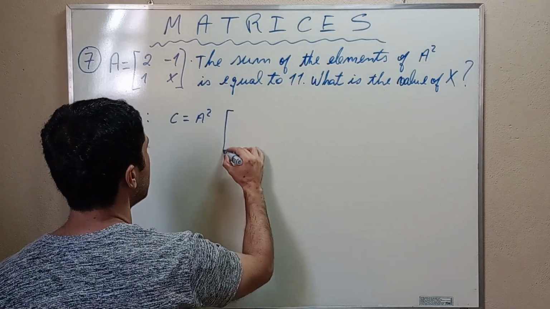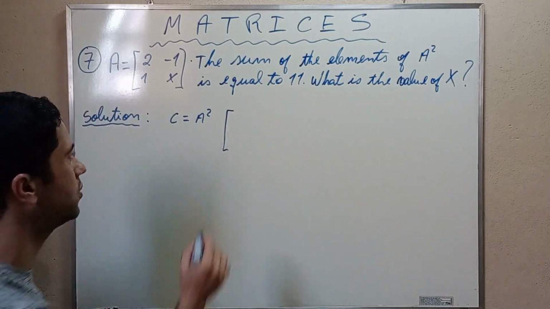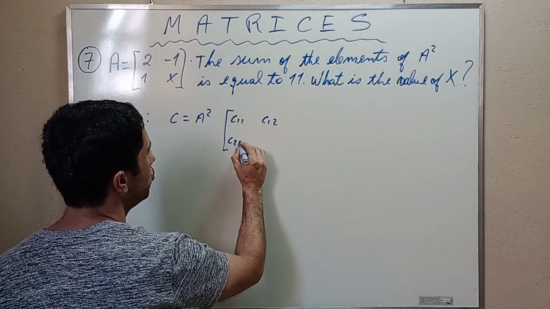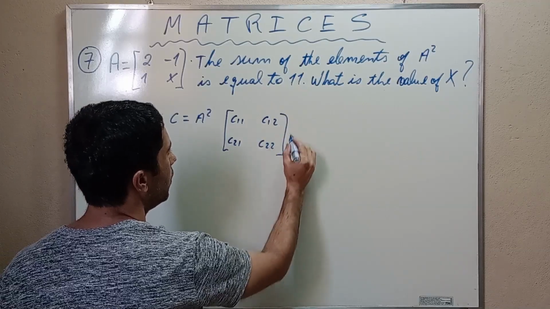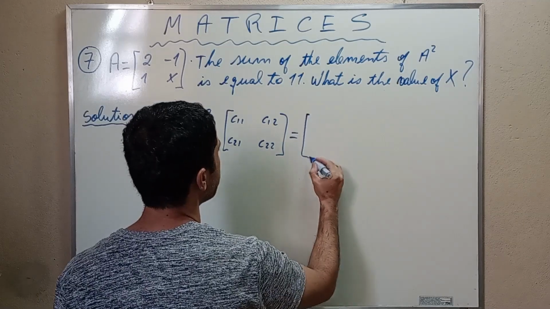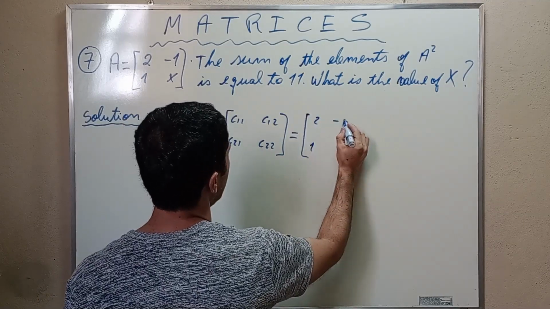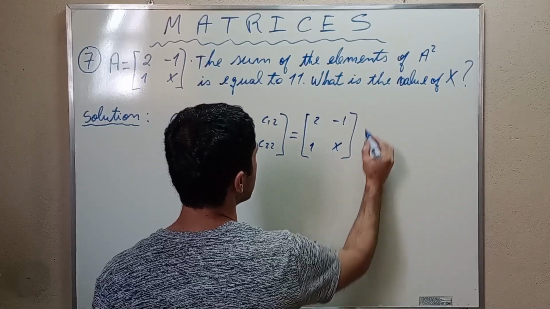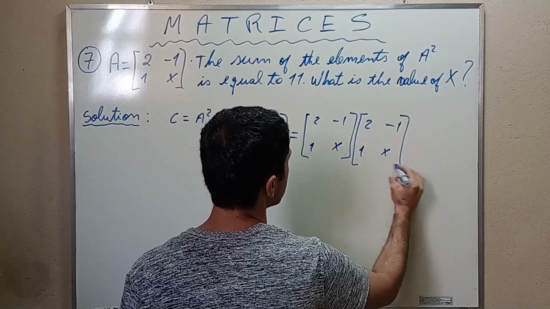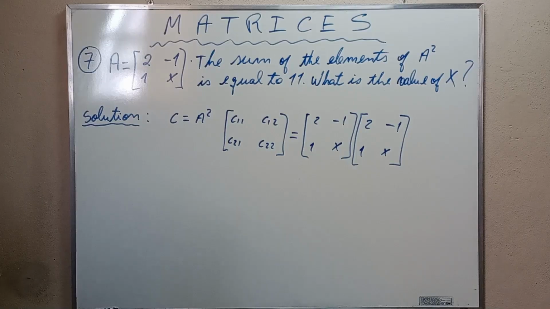Then C, composed of elements such as C11, C12, C21, and C22, is going to be obtained from the multiplication of A by itself. 2, 1, negative 1, and x. Okay? We are going to multiply A by itself, and the result is matrix C.